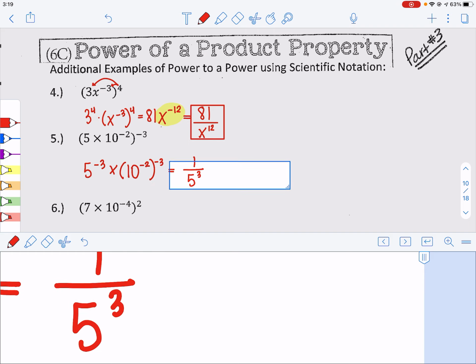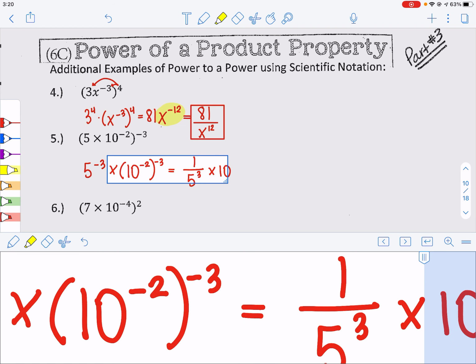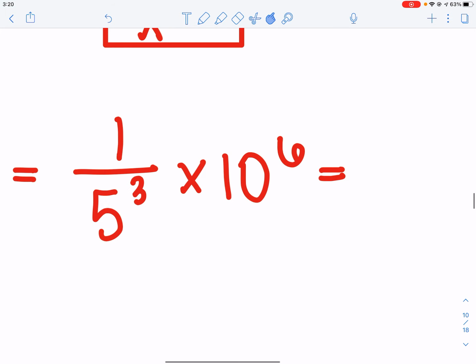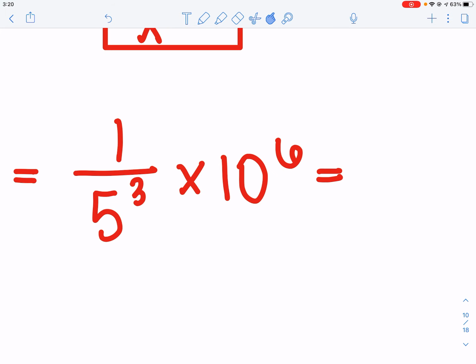Okay, and then once we do that, it's times 10 to this right here. We just multiply these together because, again, it's a power of a power. -2 times -3 gives me a +6. Okay, and this doesn't look very nice for a final answer, so I'm going to simplify this part of it. 1 over 5 to the 3rd.